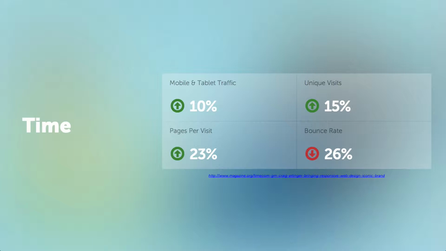These numbers are not as large as the e-commerce ones, but you have to remember that Time has a much larger scale, and a 10% increase in mobile or tablet traffic and a 15% increase in unique visits is a huge boost and allows them to sell many more ads, or at least charge more for advertising.